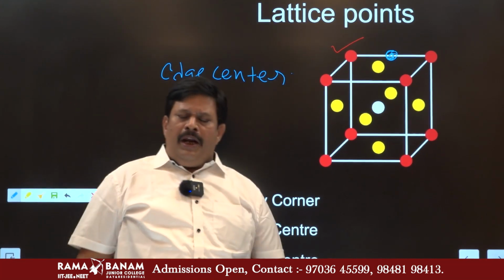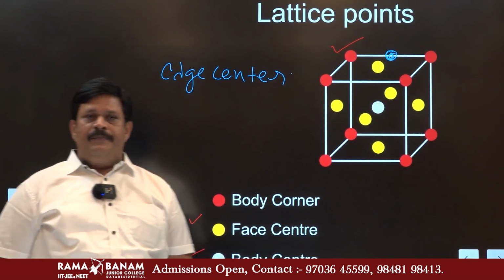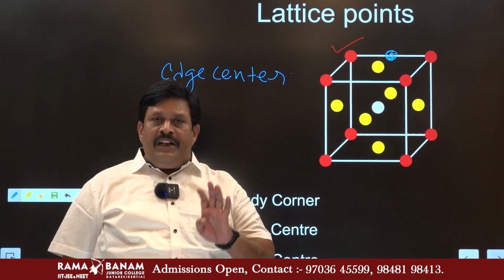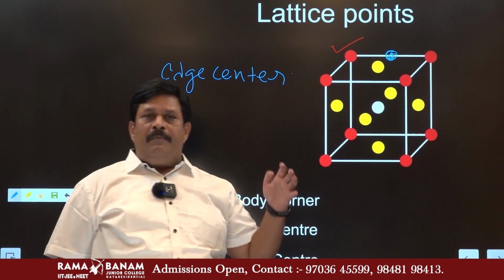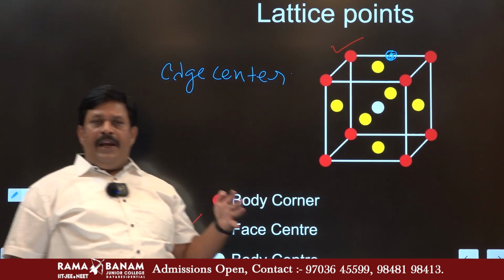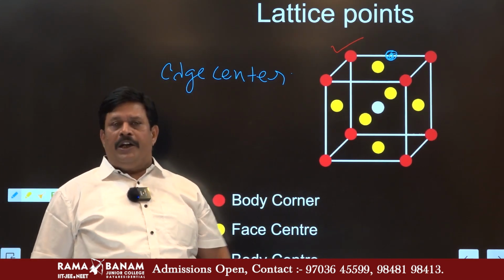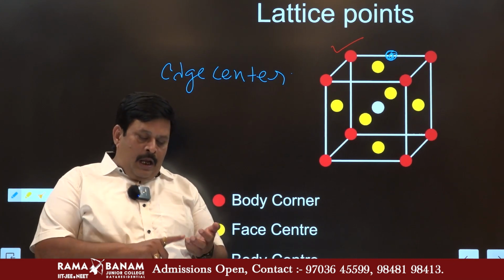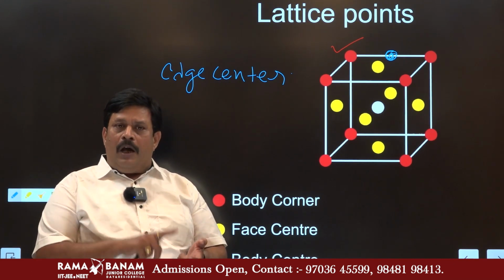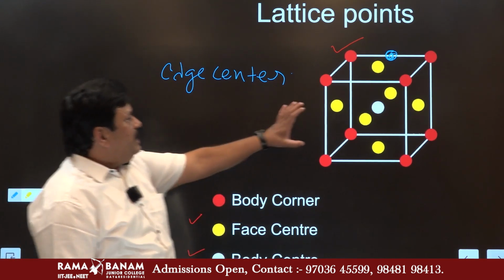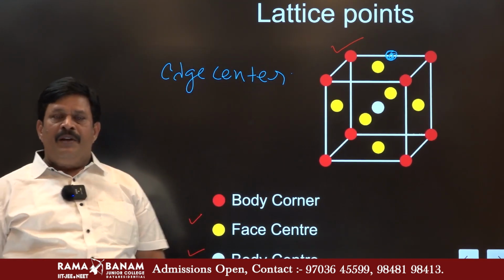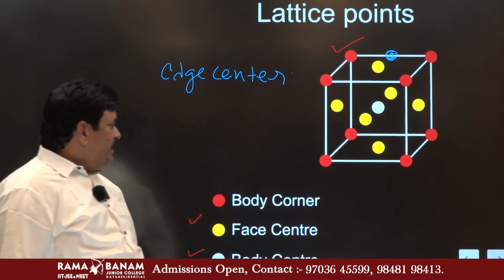So, in most of the solids, in these four places only the particle may be present, that may be an atom, that may be an ion, or that may be a molecule. Atoms or ions or molecules are mainly placed in these four places. One more time, listen to me students.